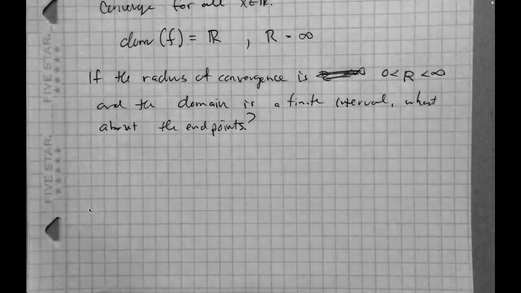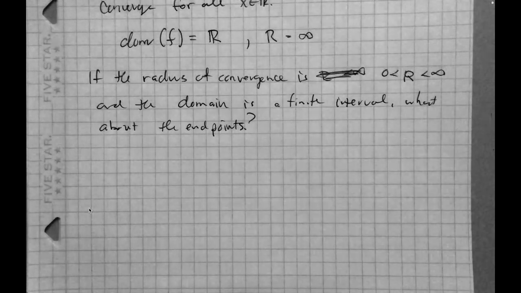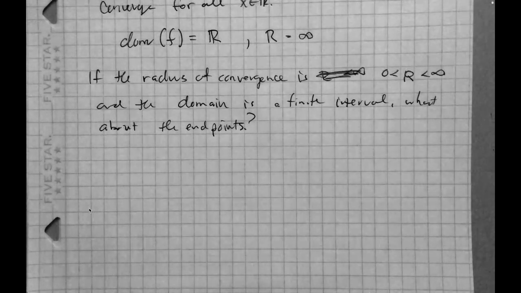Right, what about those endpoints? Well, it turns out that there's no nice, clean answer for this, at least not yet. And basically the endpoints would have to be tested separately.